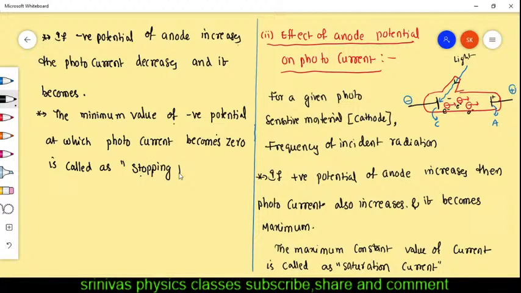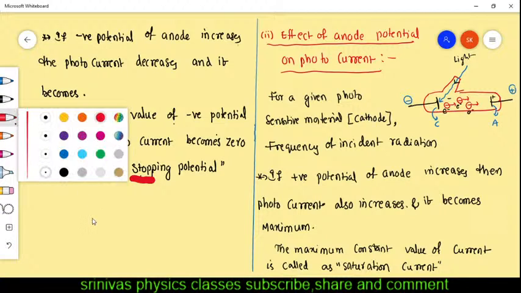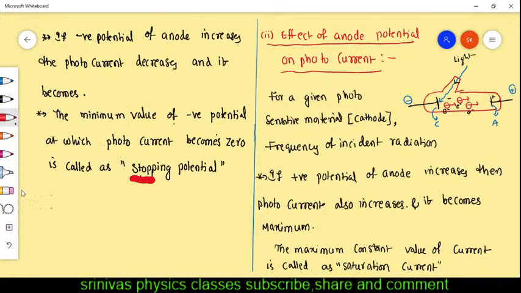What is happening here? What is stopping potential? When you increase the negative potential, at a particular negative potential in the figure, you see the cursor, total electrons are repelled.